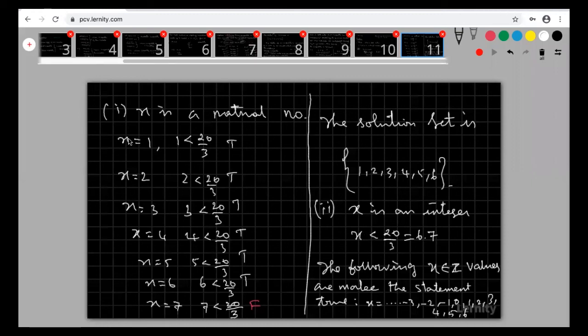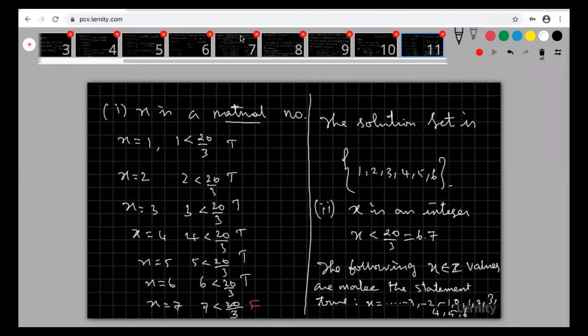Okay. Why am I not taking 0 here? Here I am taking 0, -1, -2, -3, everything. But here I am not taking 0, -1, -2, -3. Why? Because my X is a natural number. Here my X is a whole number. Are you clear? Do you understand? Yes, very good.